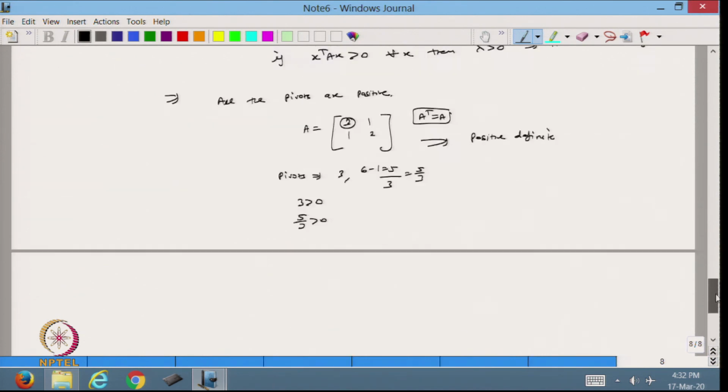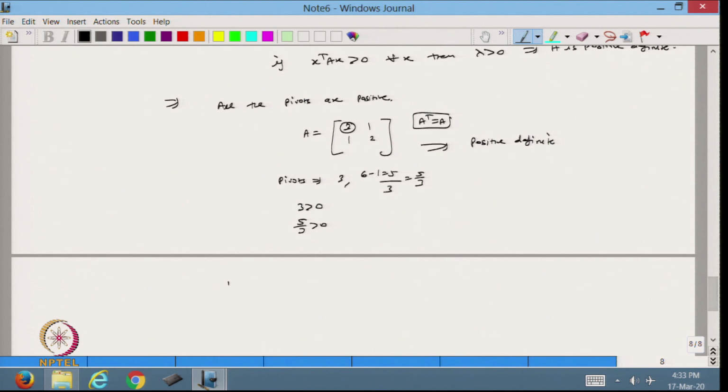From here I can give one more piece of information, how we can find the pivots. Pivots can be found with the determinant, because we consider the leftmost square matrices.